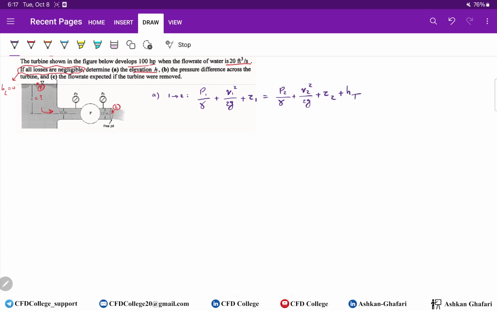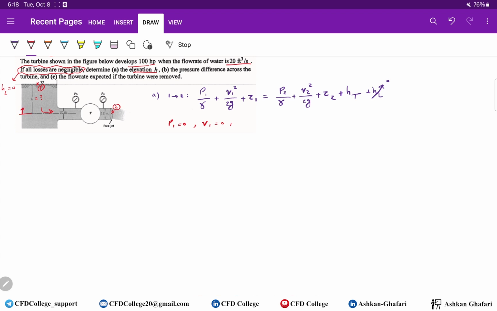We have a turbine here between point 1 and point 2, and head loss, but head loss is negligible, so it's 0. Now think about what we know. Point A is a free surface, so P1 equals 0 and V1 also equals 0.